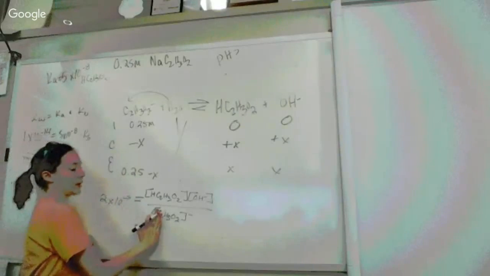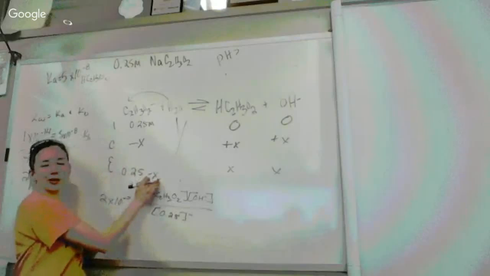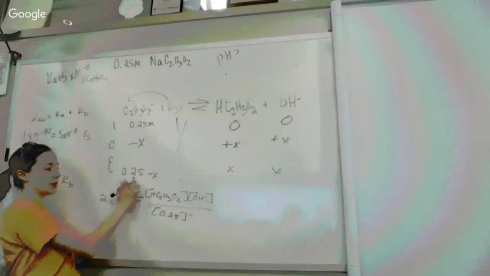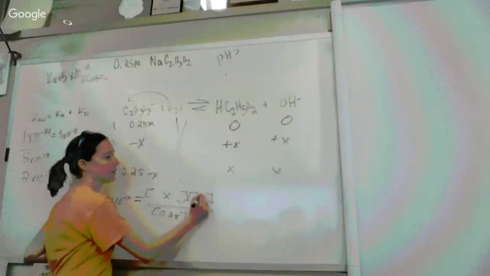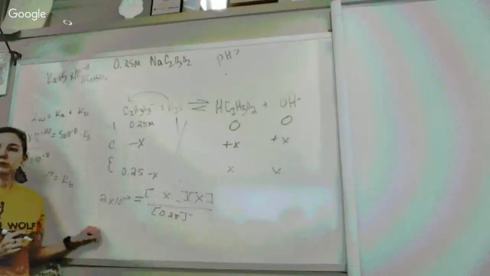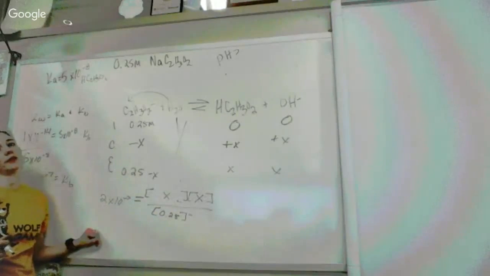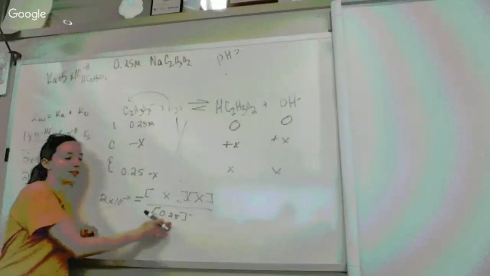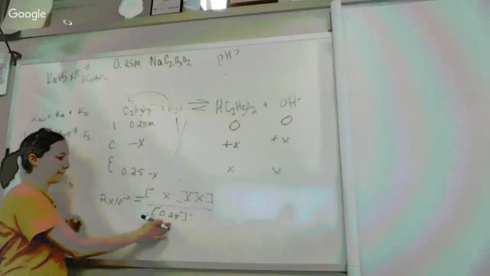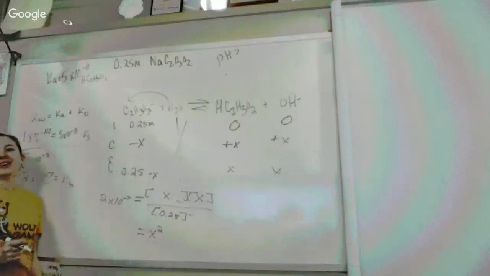Now I can plug in my information. I've got 0.25 down here. I'm going to go ahead and drop that x because that's a fairly big difference between those two. And then I know this is x and I know this is x. Yeah, well, I'm being lazy. If I take 2 times 10 to the negative 7 times 0.25, what do I get? Some number.